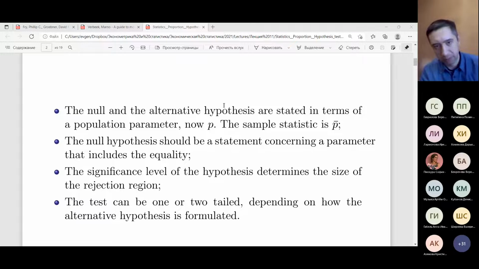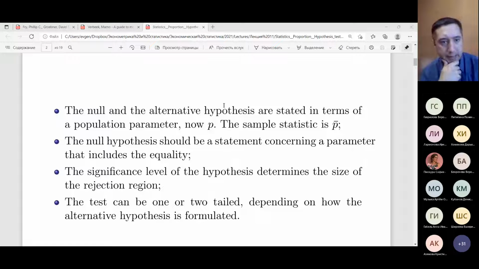Now the population parameter is P. When we worked with continuous variables, our population parameter was mu, if you remember. But now it is P without a bar, and the counterpart sample statistic is P with a bar.